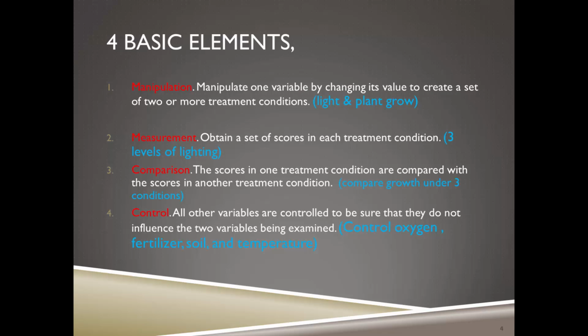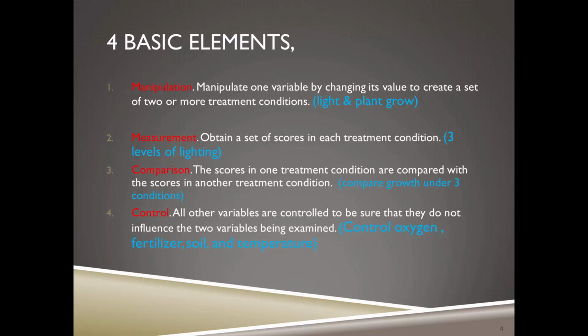So basically, an experimental research has four basic elements. So if I show you a research article and I ask you, tell me what type of research design is this, you have to look for four elements to be able to say that this is an experimental research.